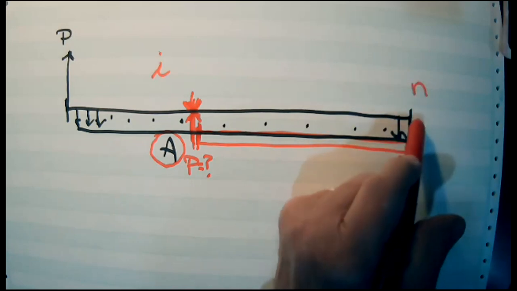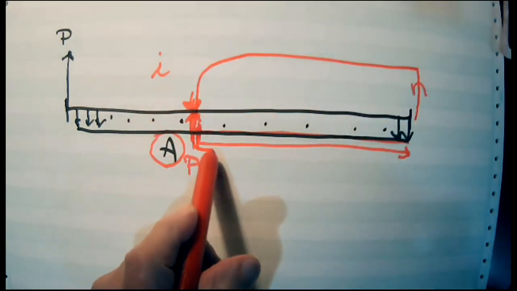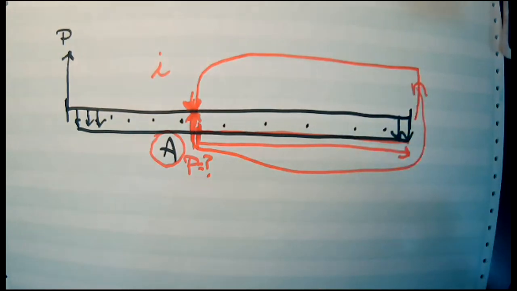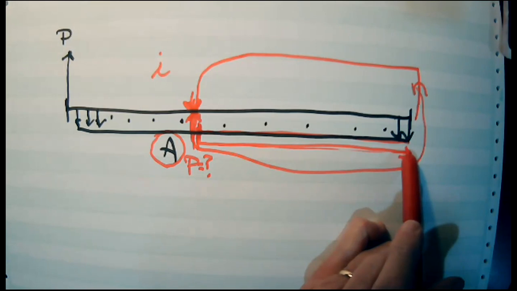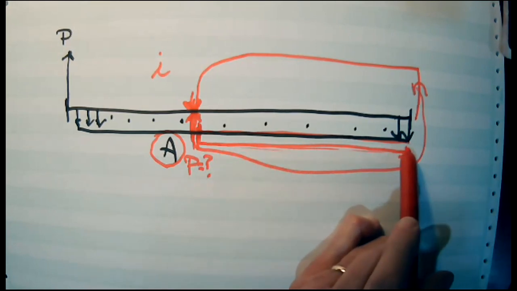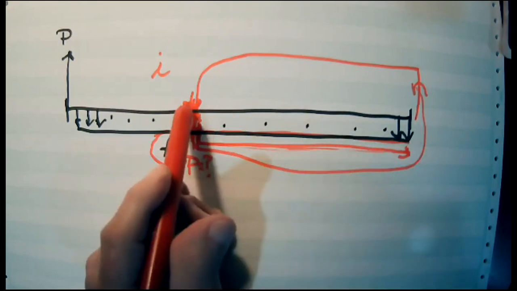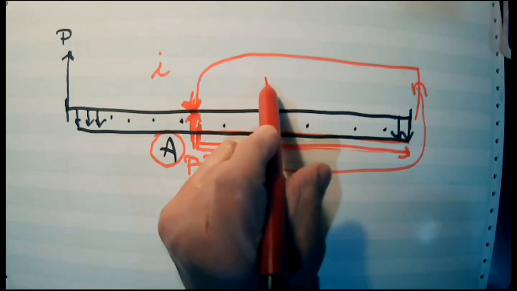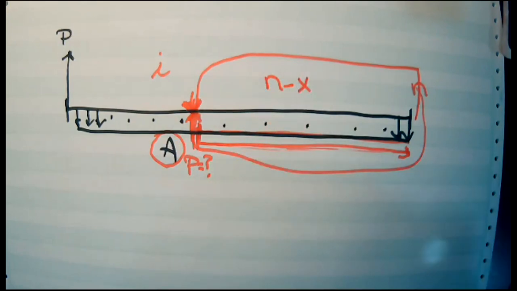Well, this is an economic equivalence question. Since these payments are all loan-related payments, we want to know the present value of these future payments. If this is time X, so this is N minus X loan payments.